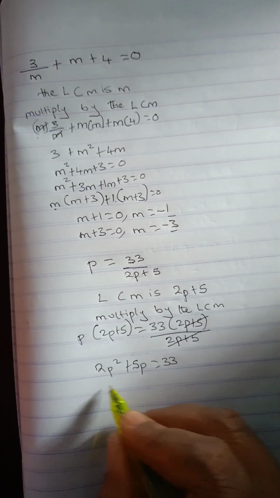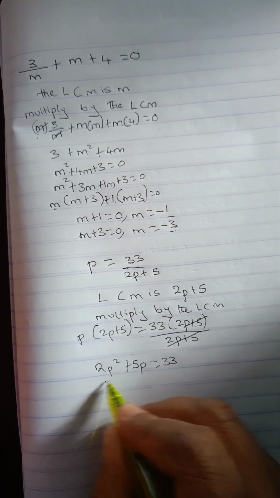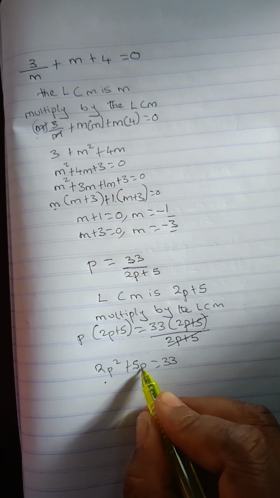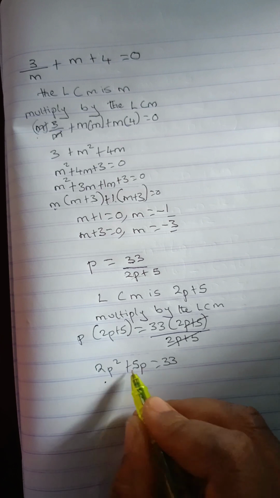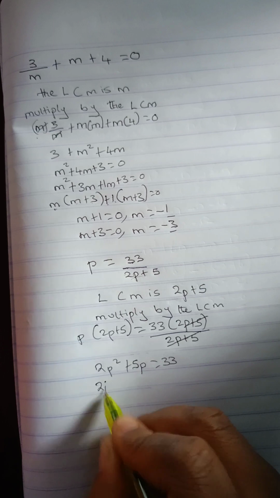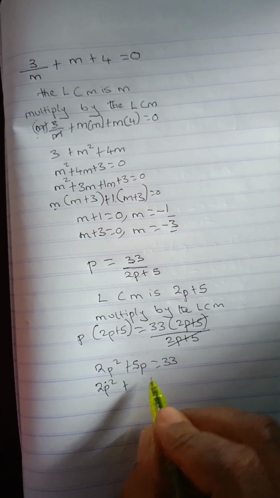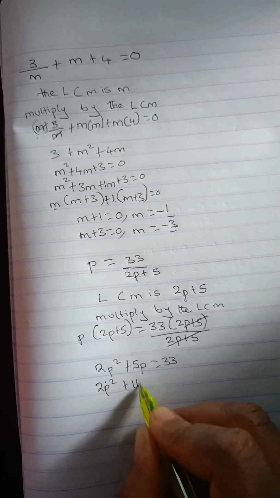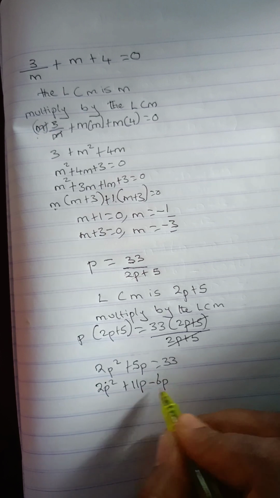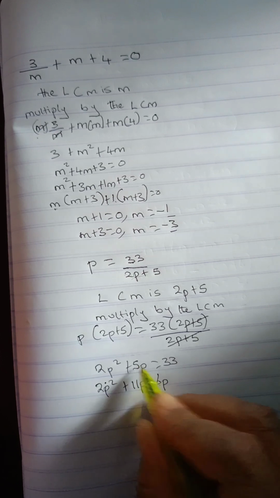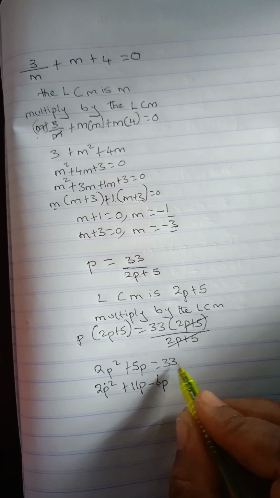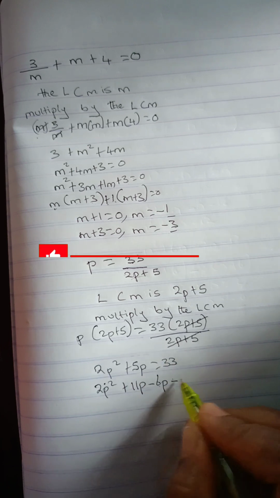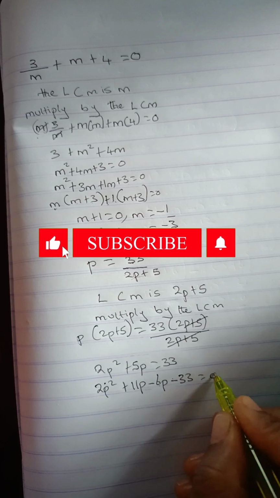So what two numbers can we add or subtract to have plus 5P? For 2P squared, the two numbers I have are 11P minus 6P, because 11 minus 6 is 5. These are equal to 33, which comes over the other way and becomes minus 33 equal to 0.